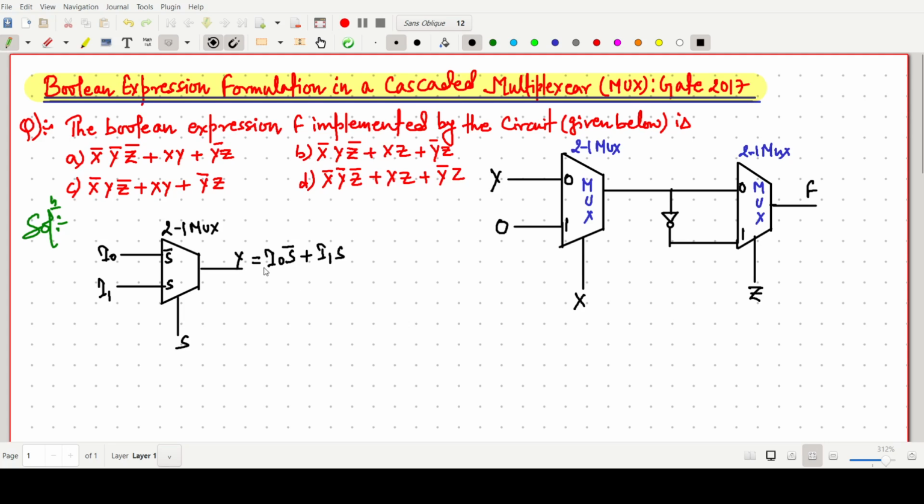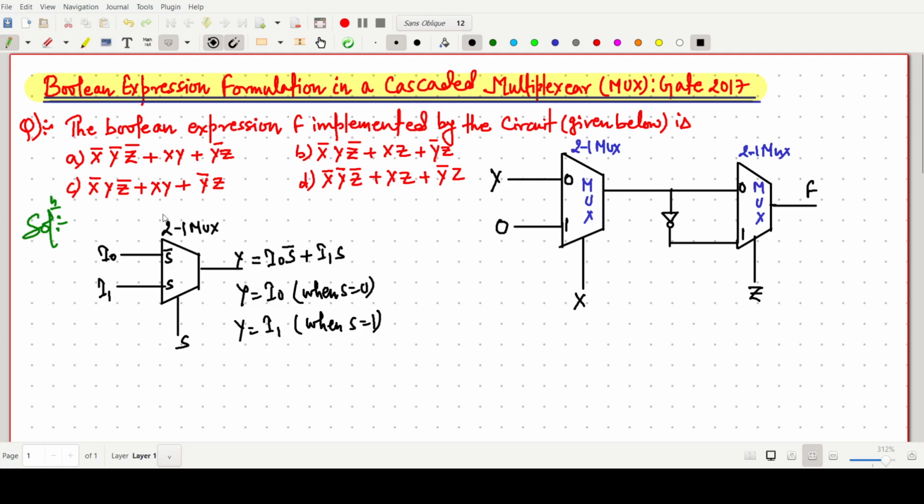This one is very important, and we will use the same thing to solve this problem. When S is 0, I naught will be the output, so y equals I naught when S equals 0, and y equals I1 when S equals 1.